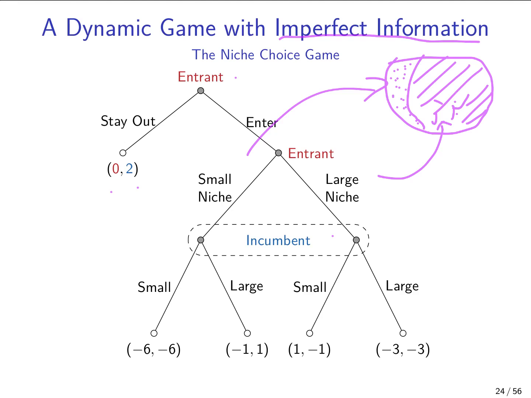And so, you can think about a movie company entering a market and deciding whether to make a mainstream movie or some sort of movie catering to a small segment of the market, animation, for example, and so on. Okay. And then the incumbent would also need to decide whether to focus on the small niche or the large niche here. The problem, though, is that we don't have perfect information.